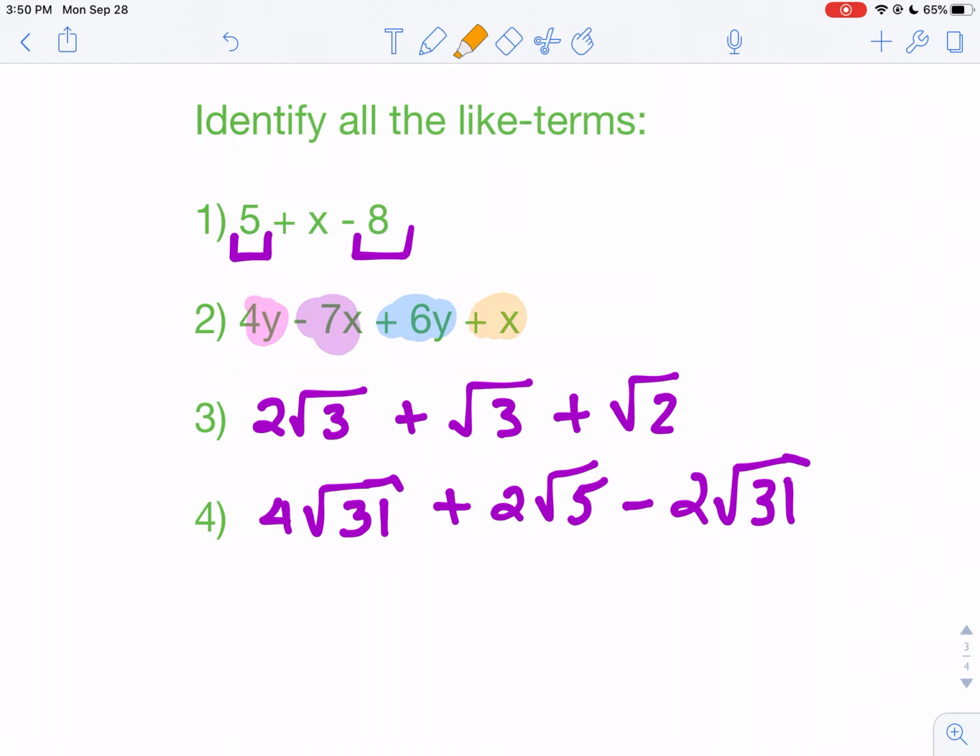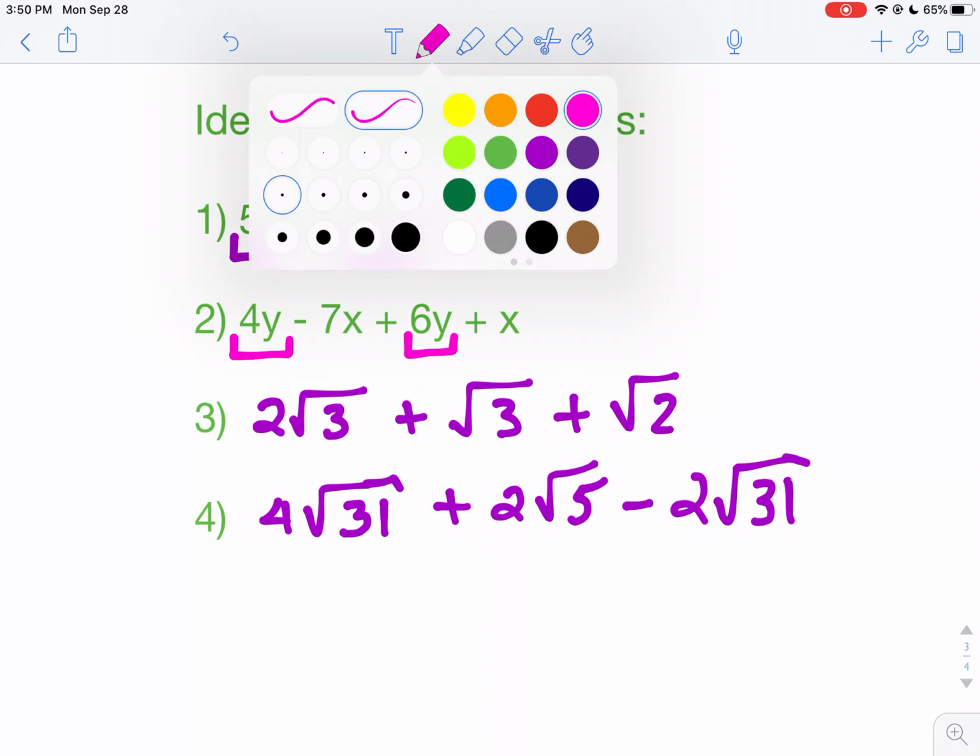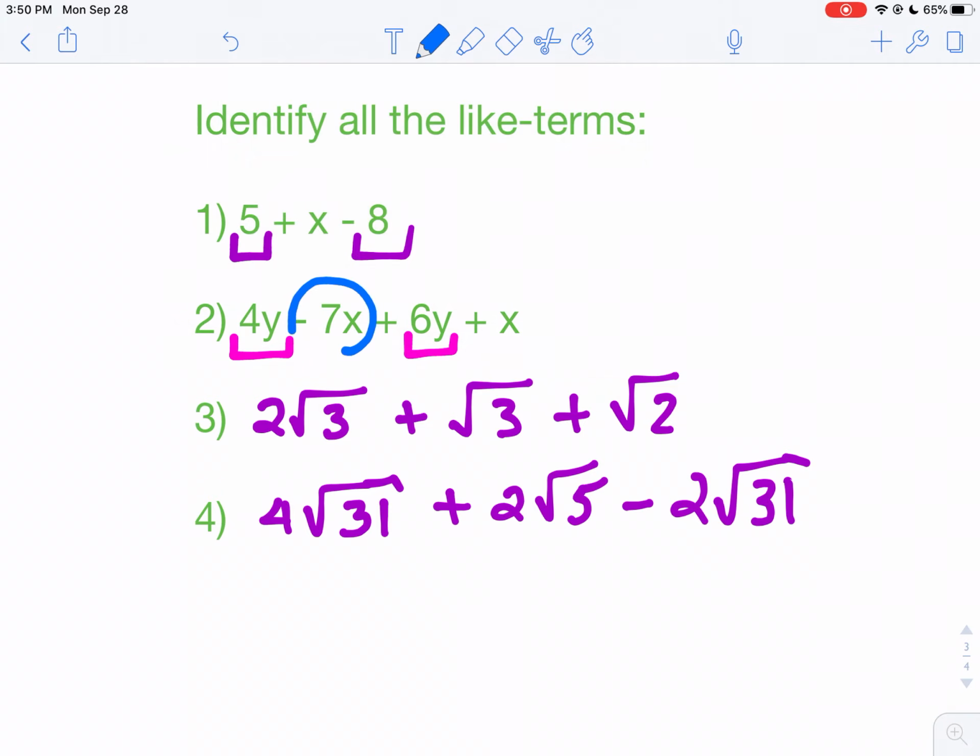Which two are alike? Again, I'm going to identify them. I have my y's, y to the first power, y to the first power. These are like terms. Also, the negative 7x and the positive 1x are like terms. So I circled the x terms, and I underlined the y terms.